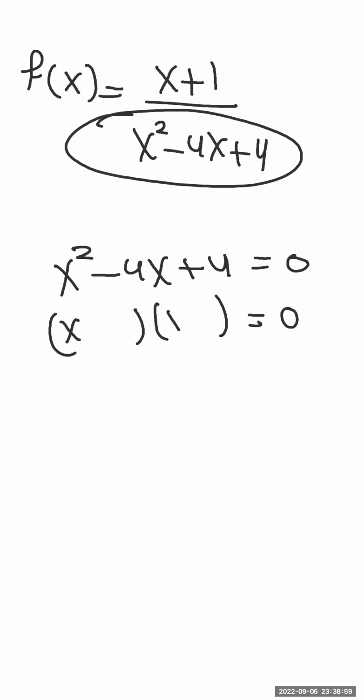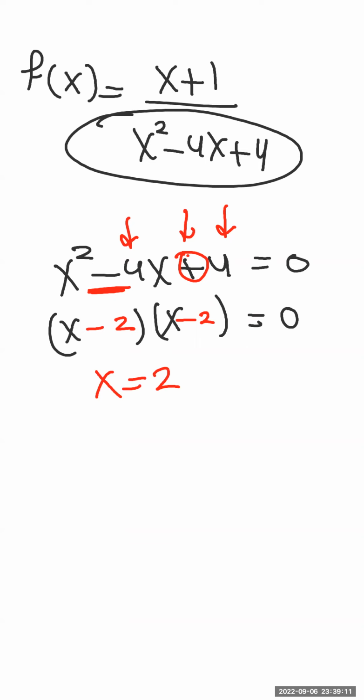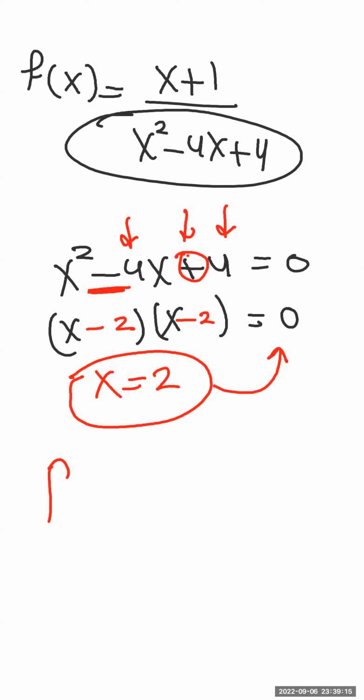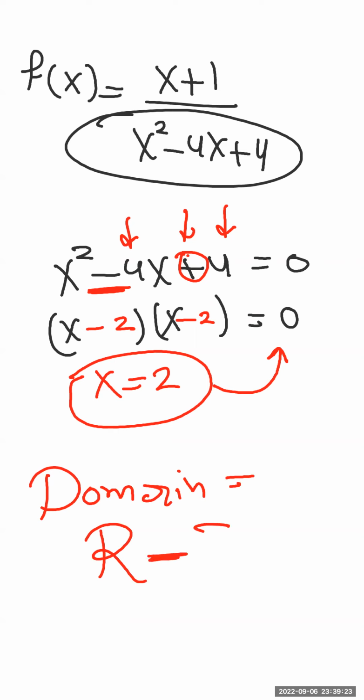Two numbers whose product is 4 and whose sum is 4. 2 and 2. This one is positive, so the two signs are like the middle one exactly: negative, negative. x will equal 2. So this is the only value which makes the denominator equal 0, then exclude it from the domain. The domain will equal all real numbers except this 2.